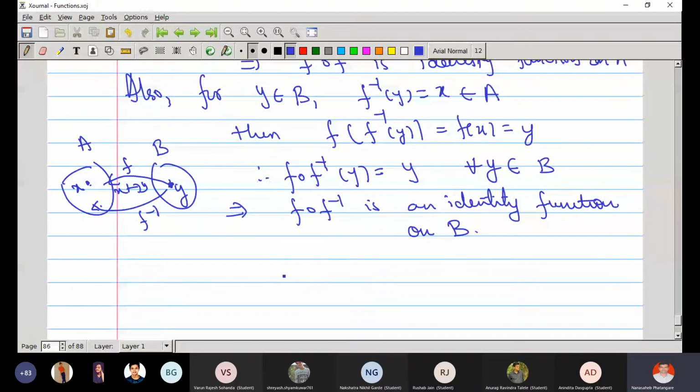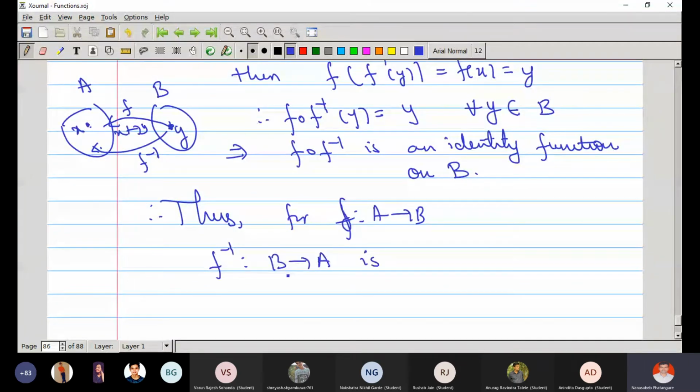What is the conclusion? Thus, what is our observation now? Thus, for f from A to B, f inverse from B to A is an inverse, or G, whatever.